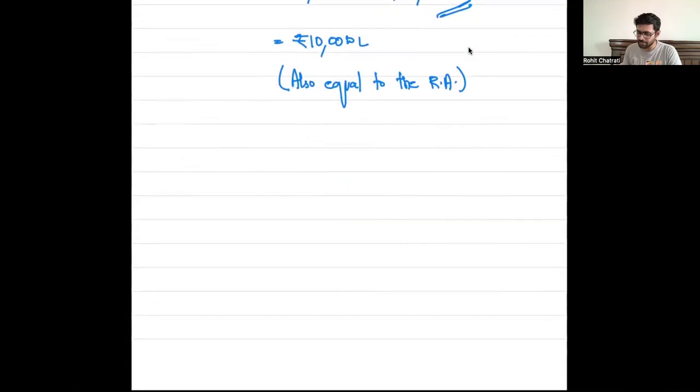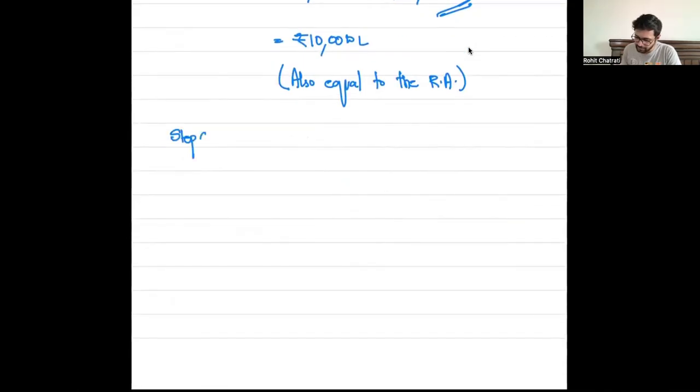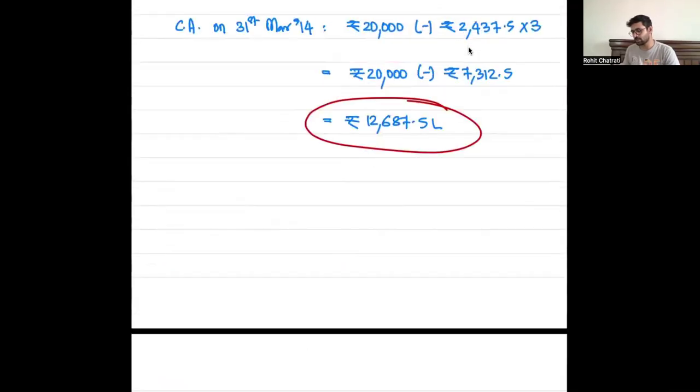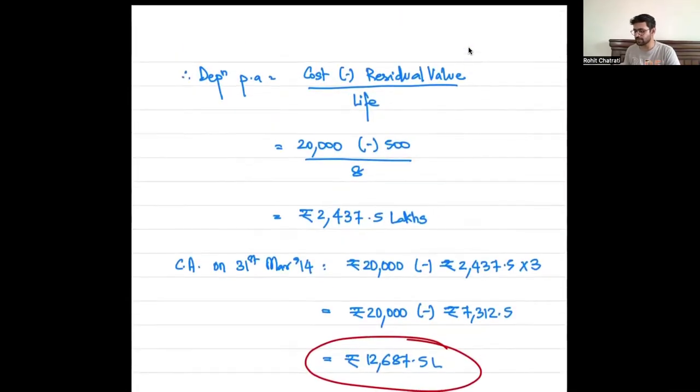Now comes the last step, where the question required us to calculate the revised depreciation. We calculated the depreciation originally as 2,437.5 lakhs. But now we are bringing down the asset value to 10,000 lakhs, and therefore you cannot continue to charge depreciation for the next 5 years as 2,437 because you're now changing the carrying amount of the asset.